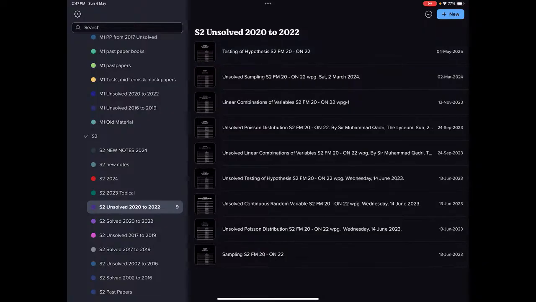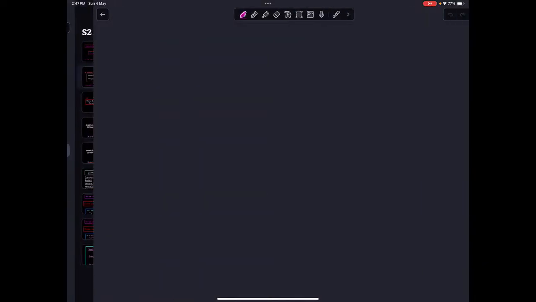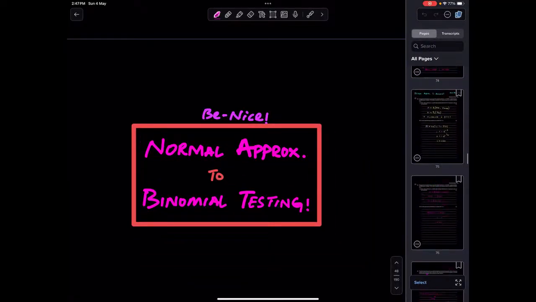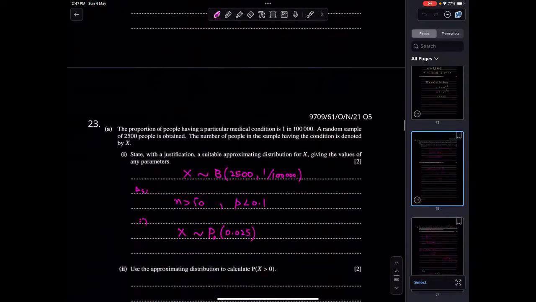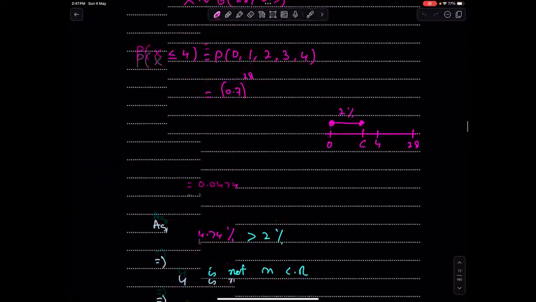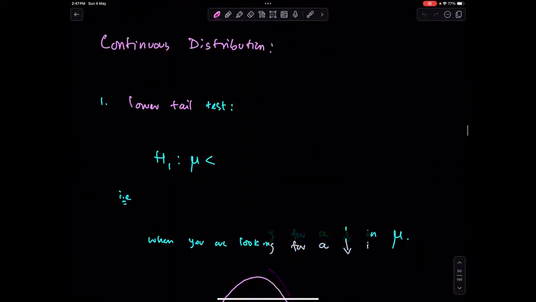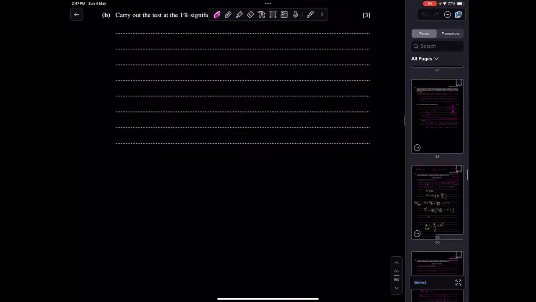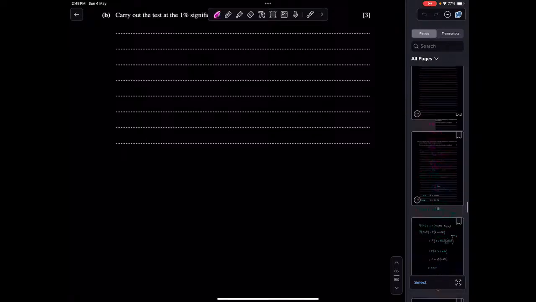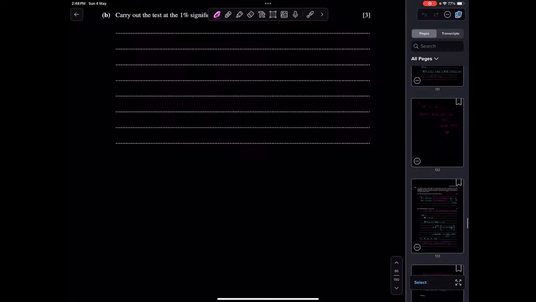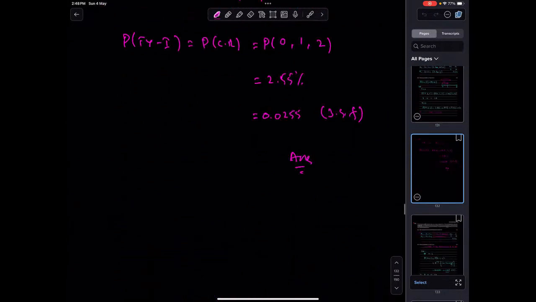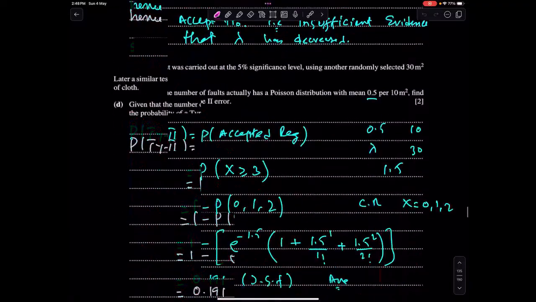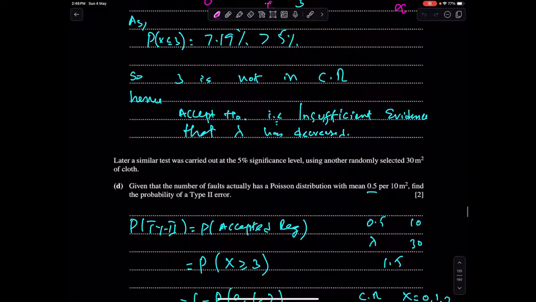So yes, type 2 error, but this question is of Poisson distribution.